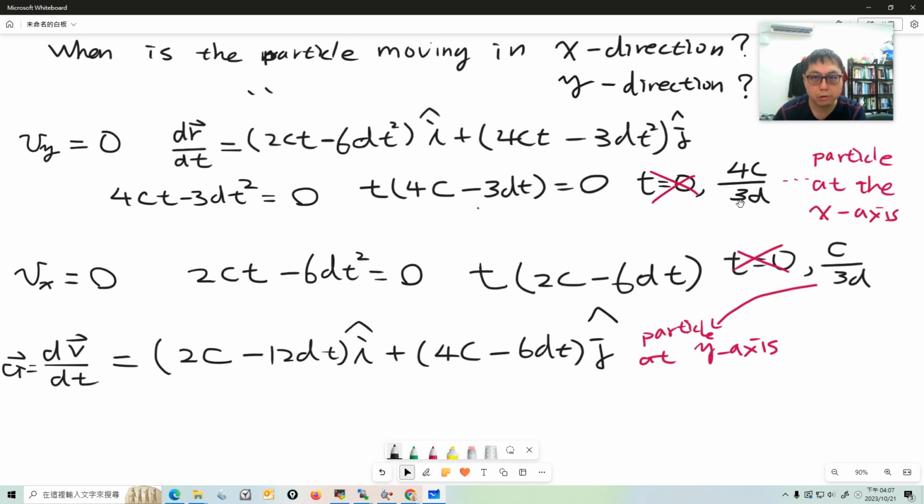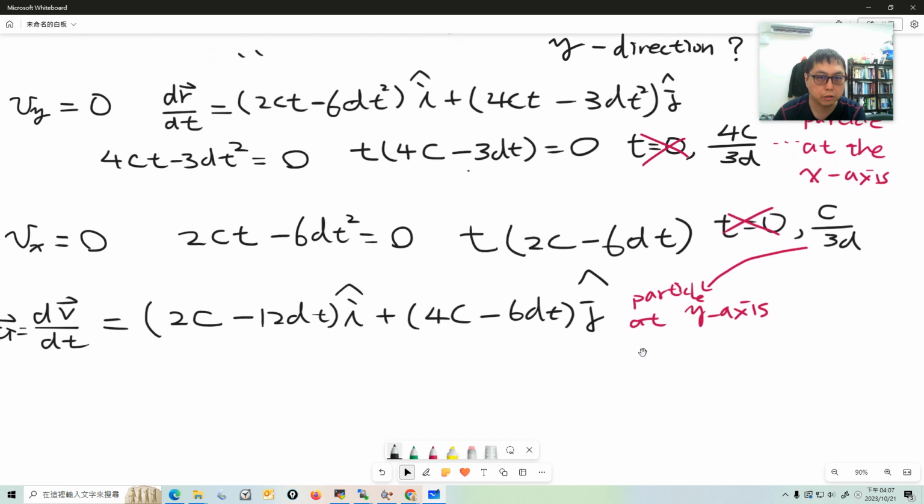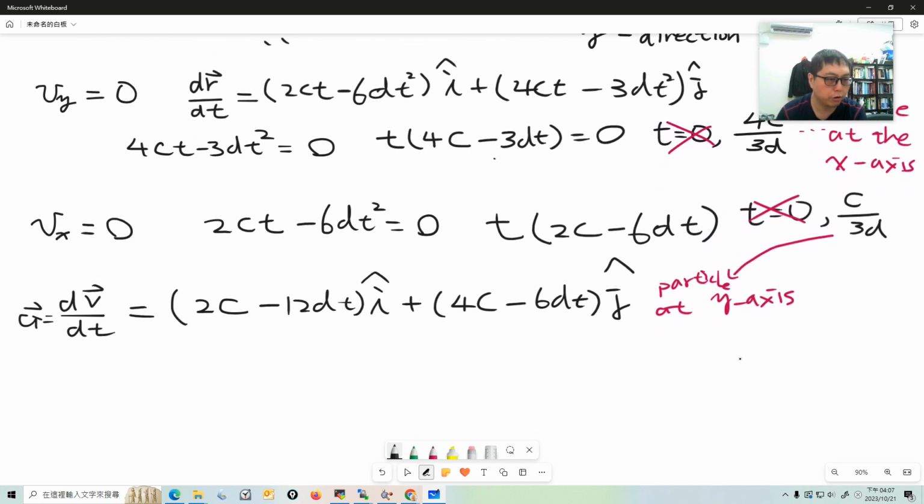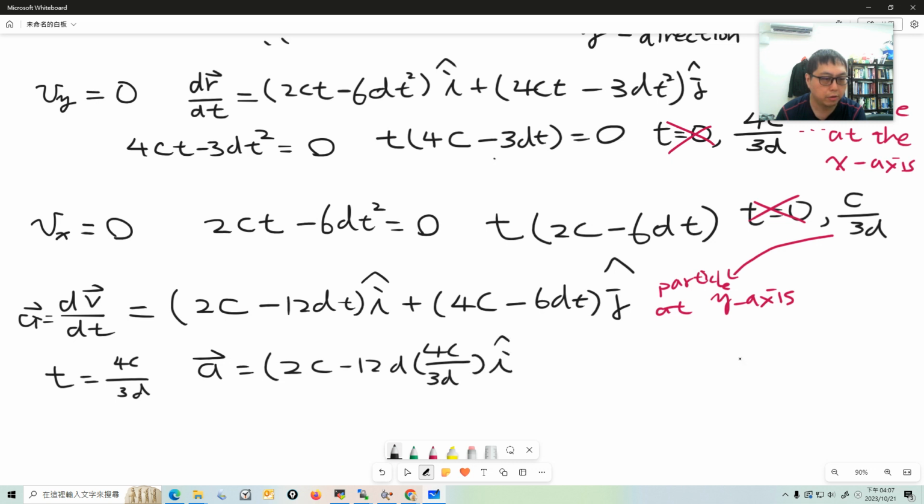So let's put in the time we obtained. When t equals 4c over 3d, the acceleration vector is (2c minus 12d times 4c over 3d) i plus (4c minus 6d times 4c over 3d) j.